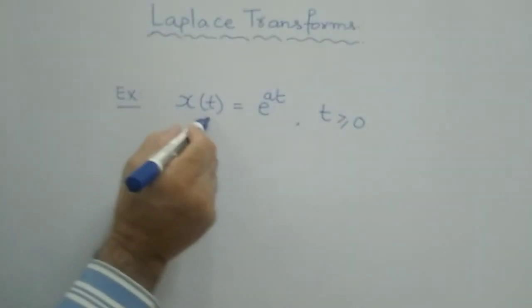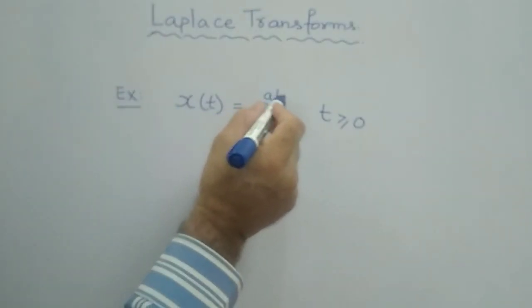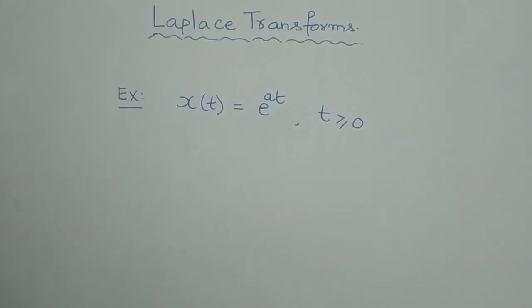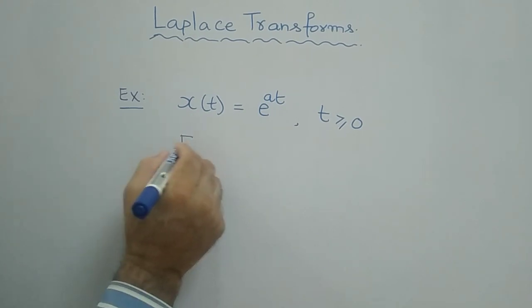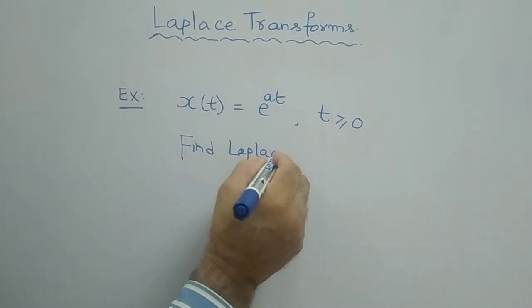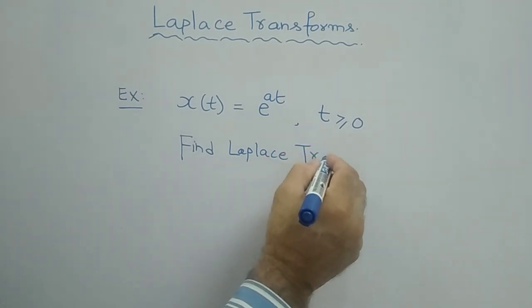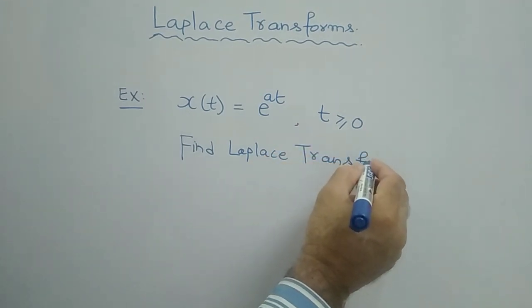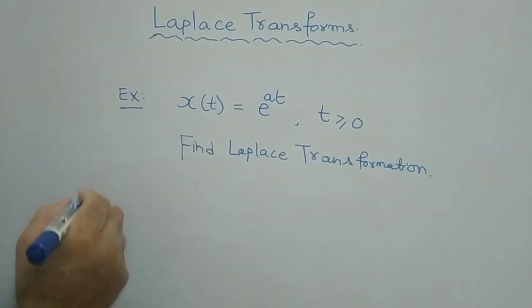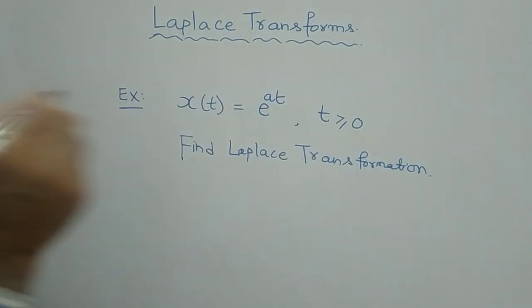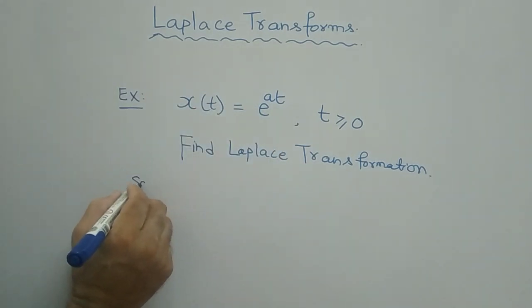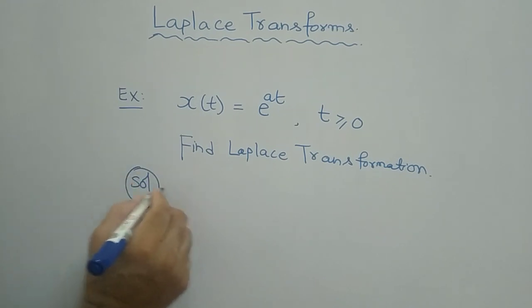Find the Laplace transformation. How can we find the Laplace transformation for this? e power a t is nothing but an exponential function. I will explain the solution part of it.